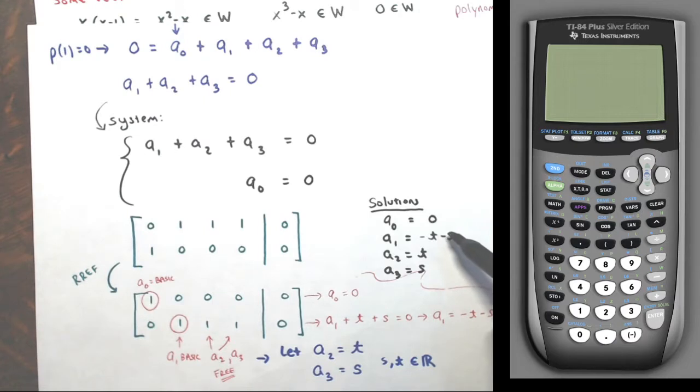This is for any choice of s and t, and it gives me a description of the coefficients of any polynomial that belongs to W.